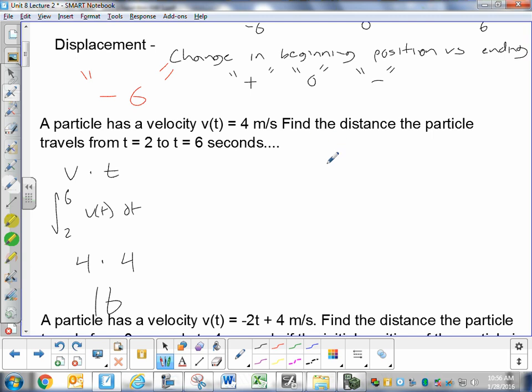But the other way is using the fundamental theorem of calculus, and said we can find the change in position. I could take x of 6 and subtract x of 2. So instead of doing this, I say that's going to be equal to the antiderivative.